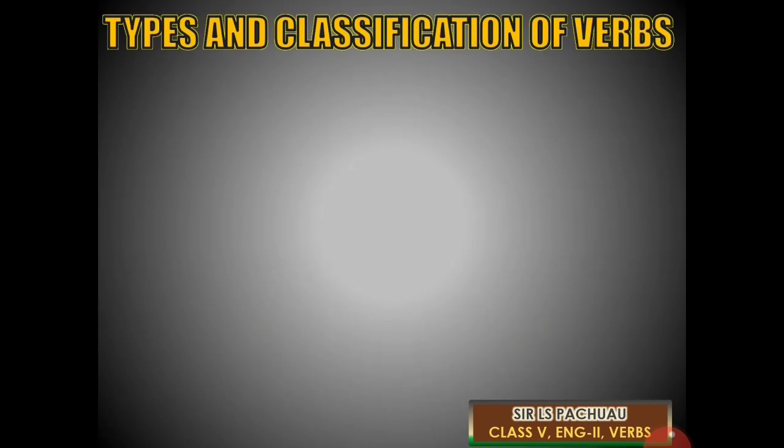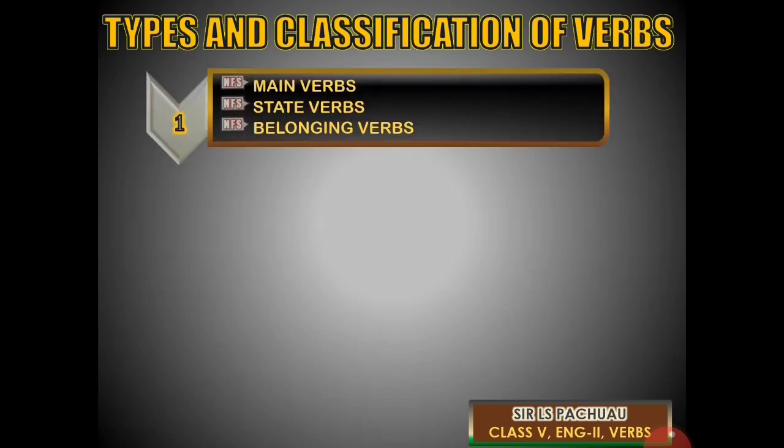First of all, let's see what types and classifications of verbs we have. We have main verbs, state verbs, and belonging verbs. These are the three basics of verbs. I have explained the introduction of this already, so I think you have some idea about it.